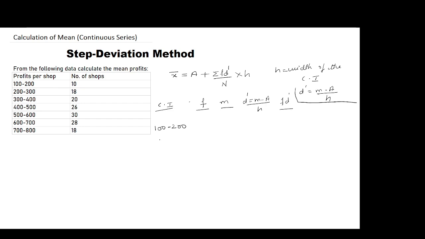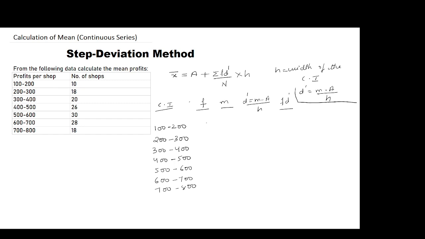100 to 200, 200 to 300, 300 to 400, 400 to 500, 500 to 600, 600 to 700, and 700 to 800.